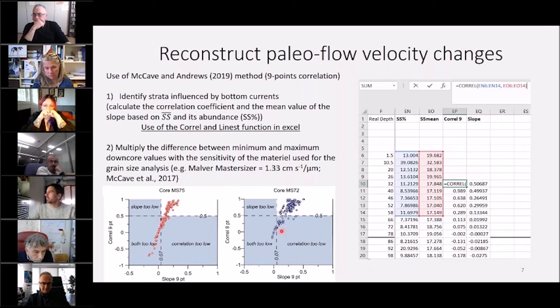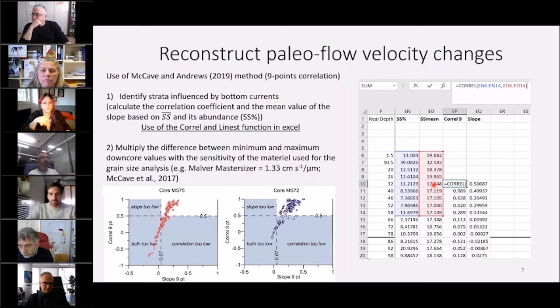To give you an example of how it's used, we use the 4 samples before and after the one. It returns a correlation coefficient of 9 cell ranges to determine the relationship between the sortable silt mean size and the abundance.